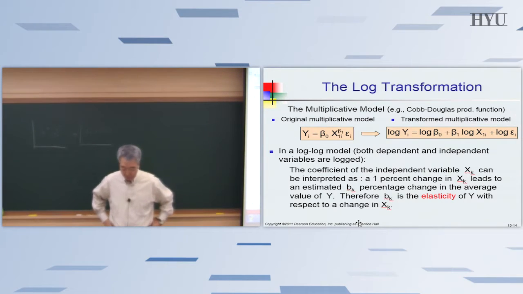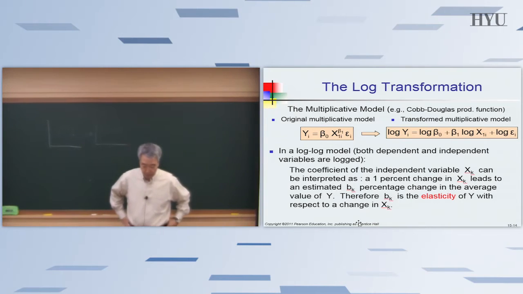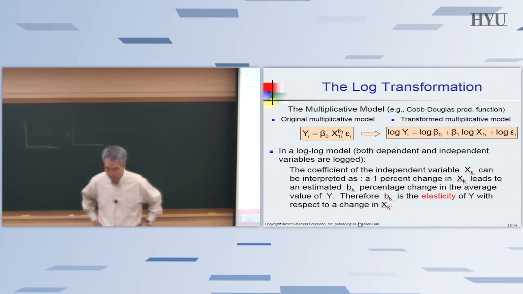So, production function. You know what the production function is, and the major role of log transformation is we use it when we have a multiplicative model instead of an additive model, right? So a multiplicative model is like this.